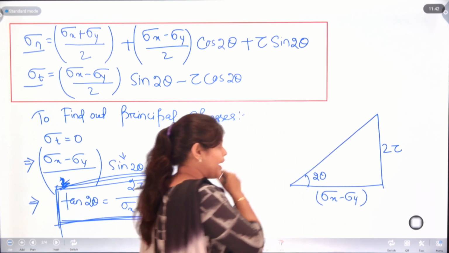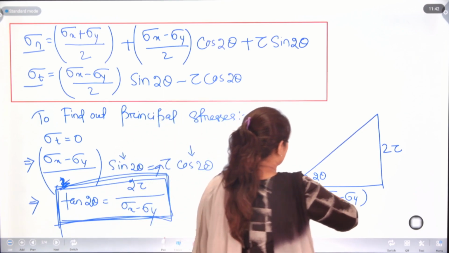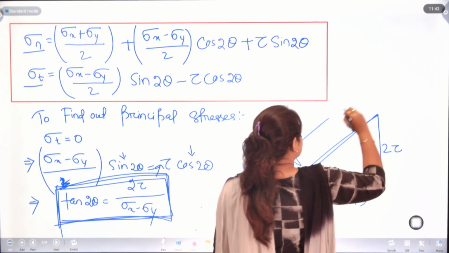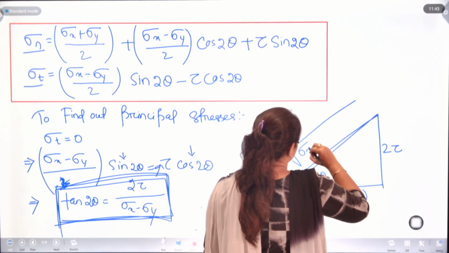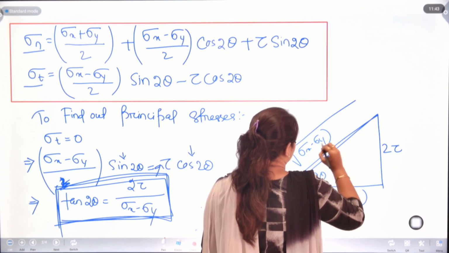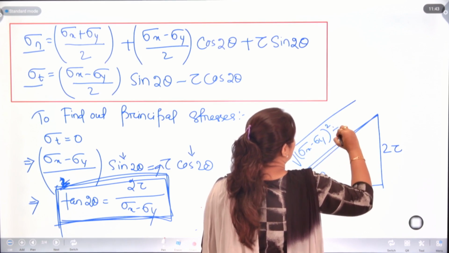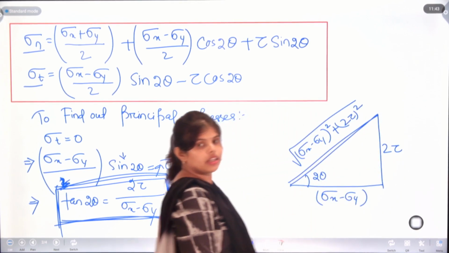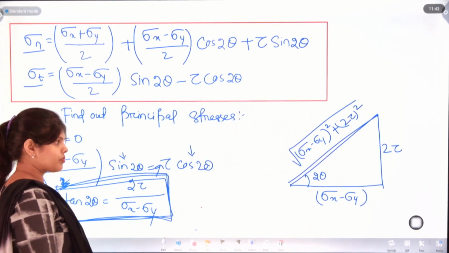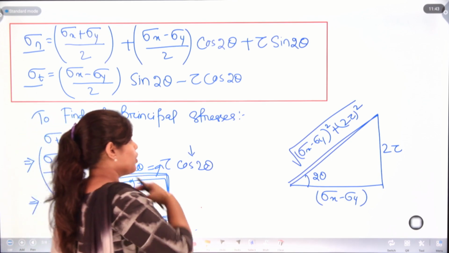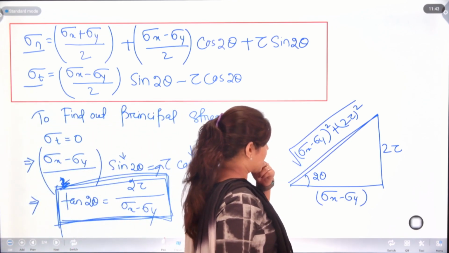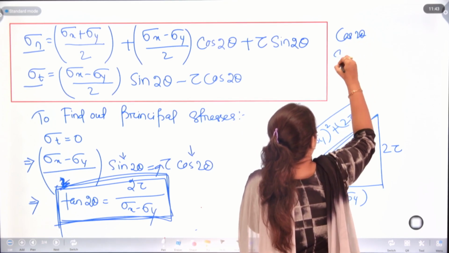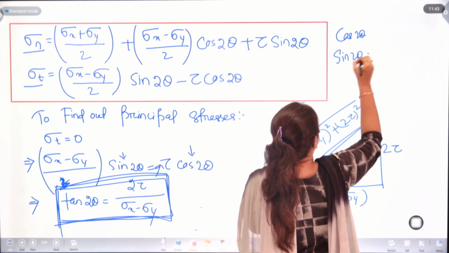To find out the hypotenuse, it will be the root of sigma x minus sigma y whole square plus 2 tau whole square. Now from this triangle, we need to find out the cos 2 theta and sin 2 theta values.